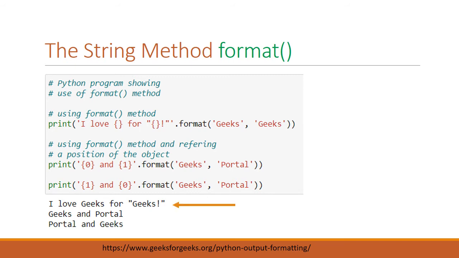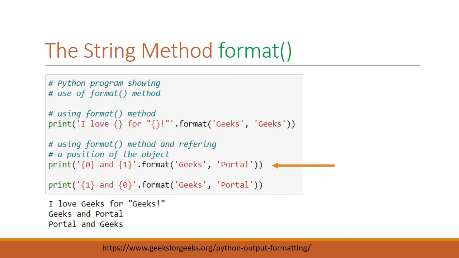The output generated by this print statement is "I love geeks for geeks." Notice that the first set of curly brackets was replaced by the first argument in the format method, and the second set of curly brackets was replaced by the second argument.